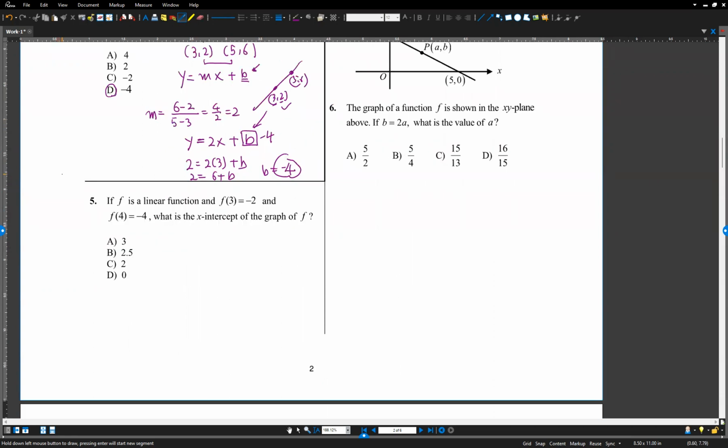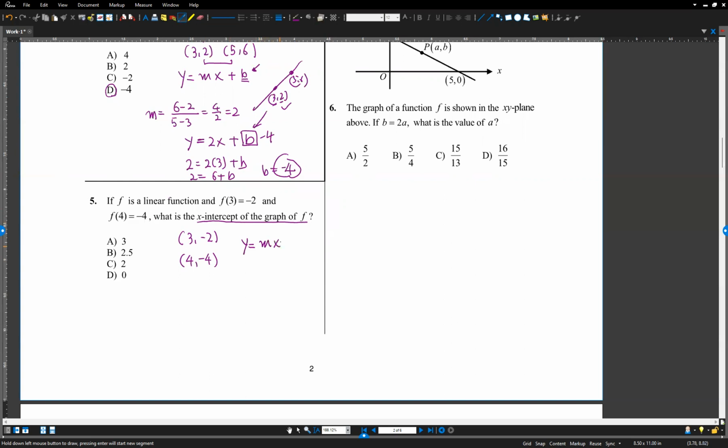All right, take number 5. f is a linear function and f of 3 is negative 2. That is another point: when x is 3, y is negative 2. Another one is when x is 4, y is negative 4. But this time we're going to find the x-intercept. It's the same as number 4.